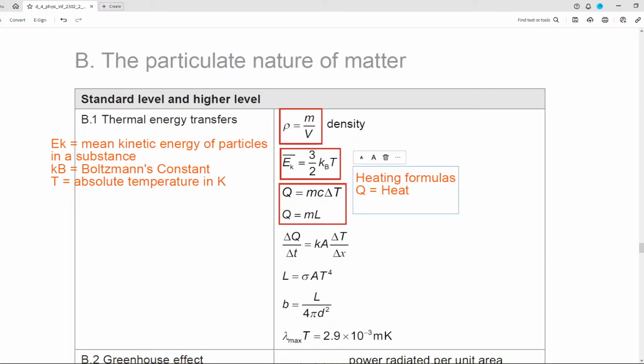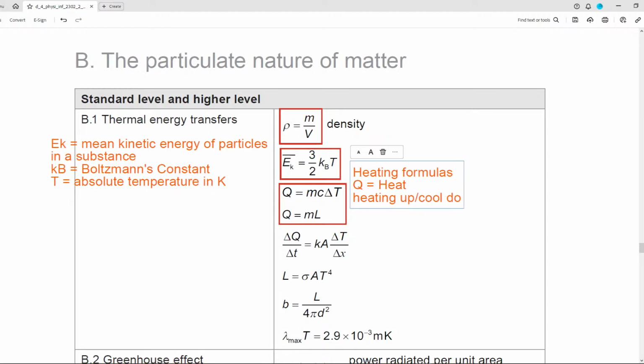Now, for the first one, this is change in temperature. The first one is when something is being heated up or cooled down. Then we use the specific heat capacity.